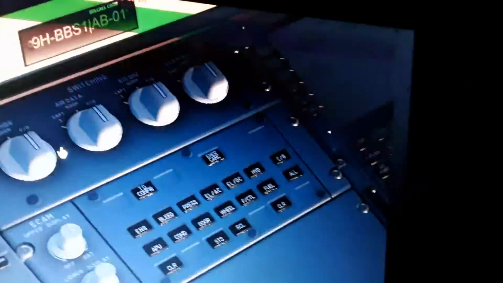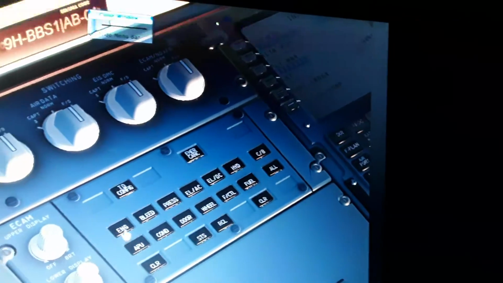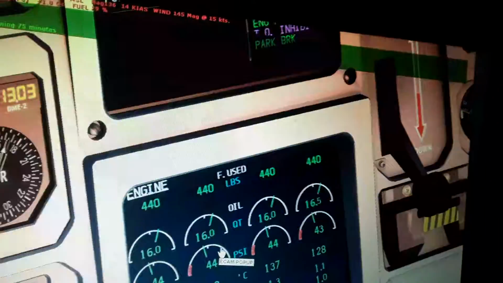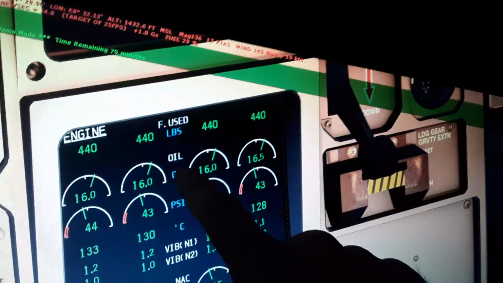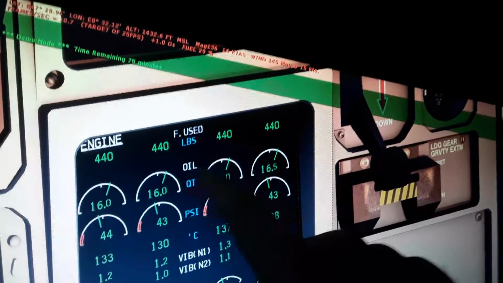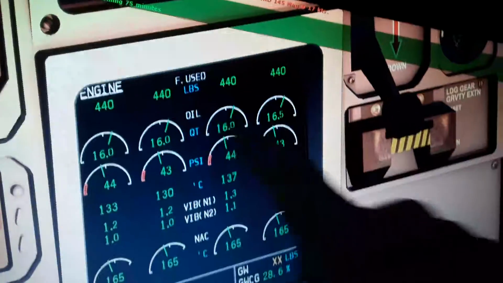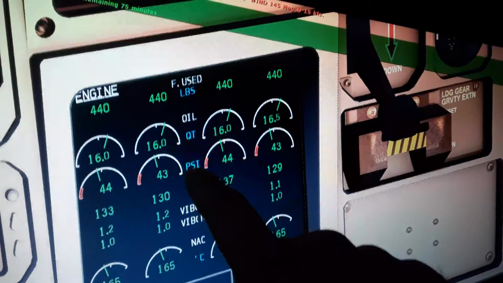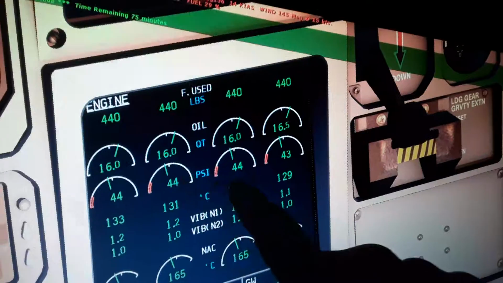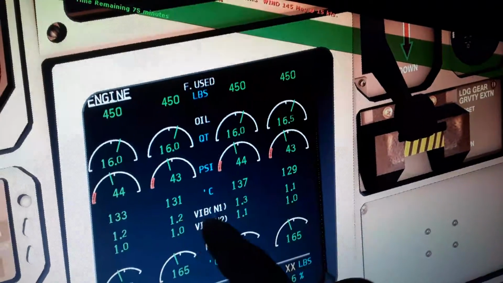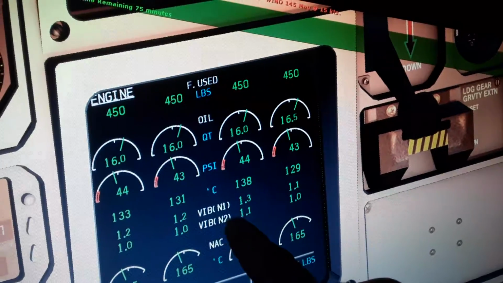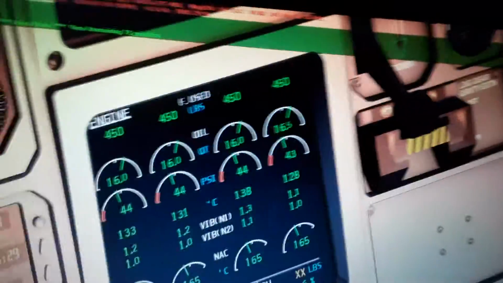We can see some other indications here. The lower ECAM, you can have additional engine status: the fuel used per engine, 440 pounds per engine, the oil quantity, the oil pressure in pounds per square inch, the oil temperature, the vibration of the N1, and the vibration of the N2.